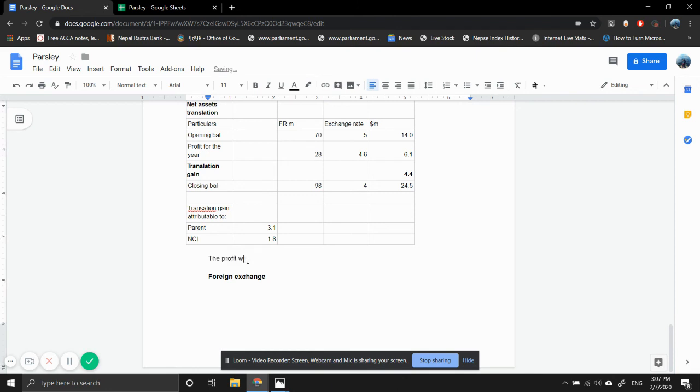The profit which has been translated from franc to dollar is 6.1 million, right?